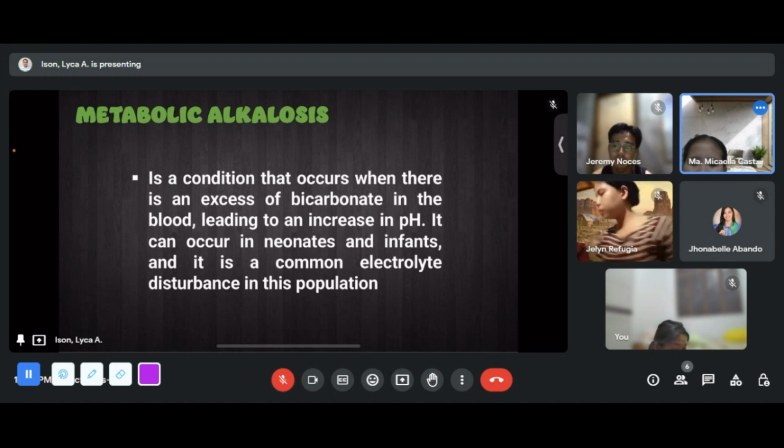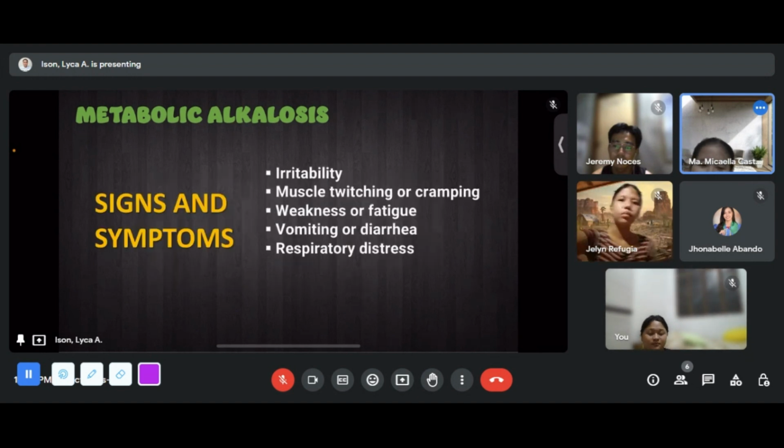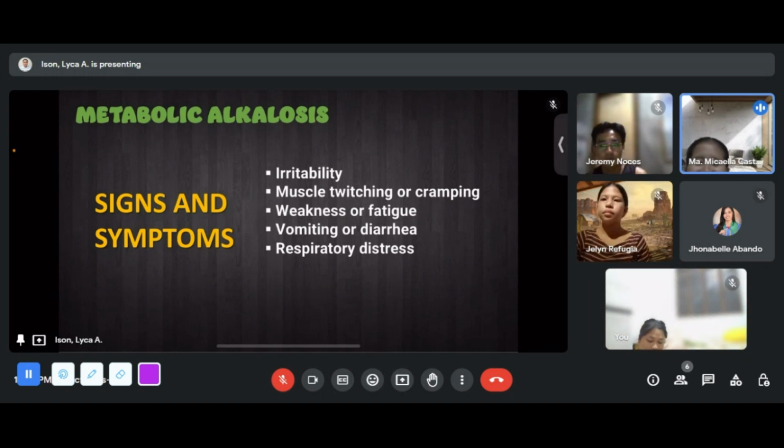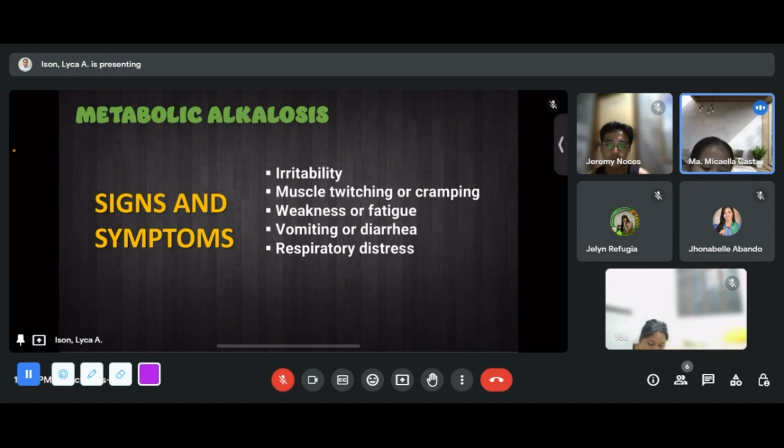Next. So, yung signs and symptoms is irritability, muscle twitching, or cramping. Yung muscle twitching or cramping, sometimes we experience muscle twitching or cramping kasi na-overuse yung muscle natin or na-over-exercise.